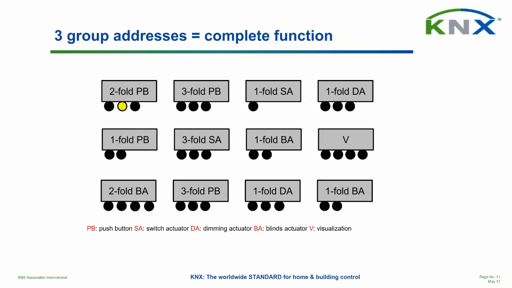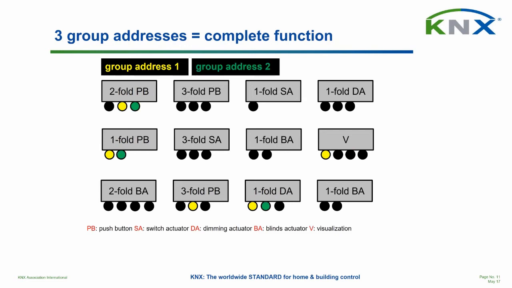So I need one group address, yellow, to link the objects colored in yellow here, and another group address, green, which will link the objects colored in green, and another group address, blue, that also links 2 objects together.